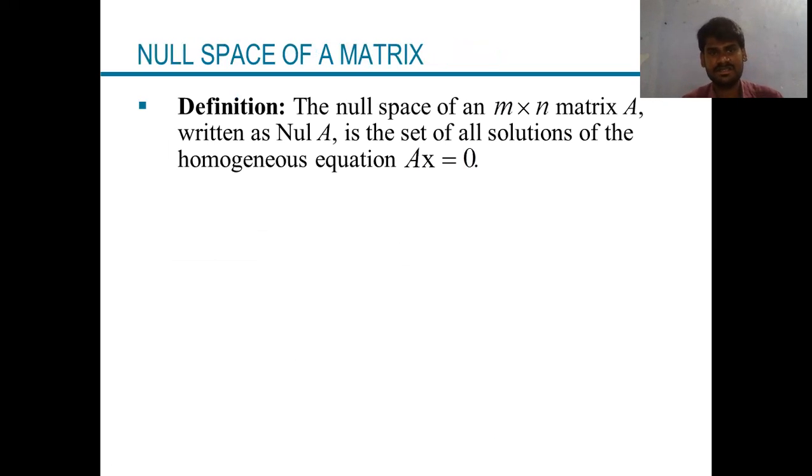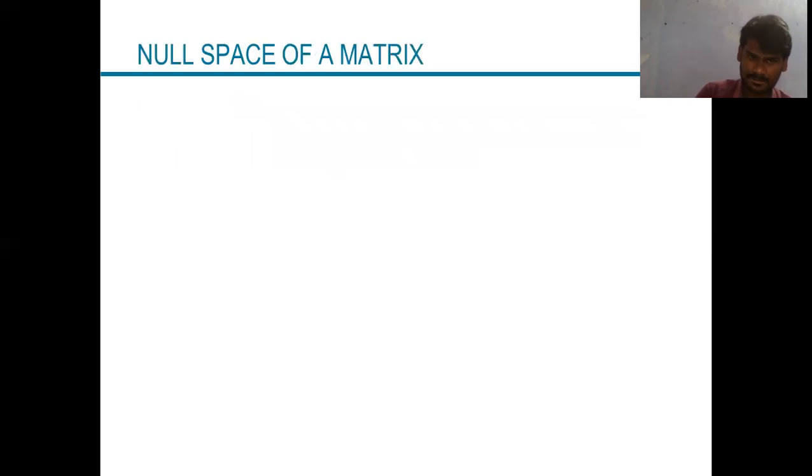Next definition, null space. The null space of an m cross n matrix A, written as Nul A, is the set of all solutions of the homogeneous equation Ax equals 0.